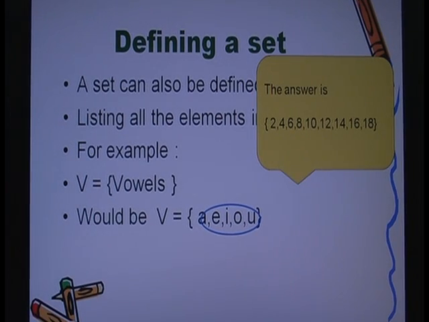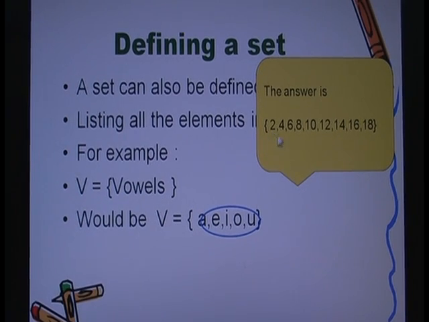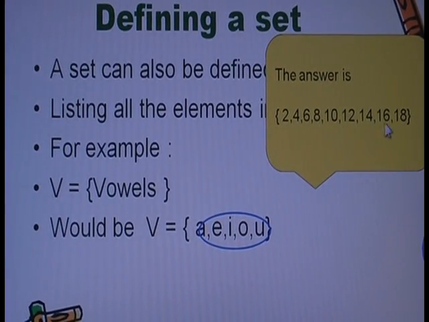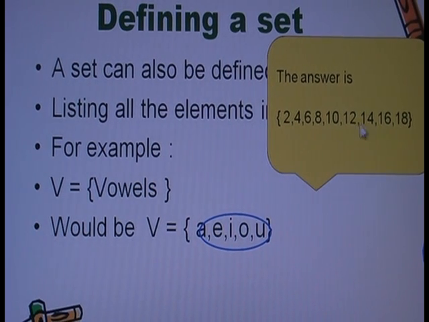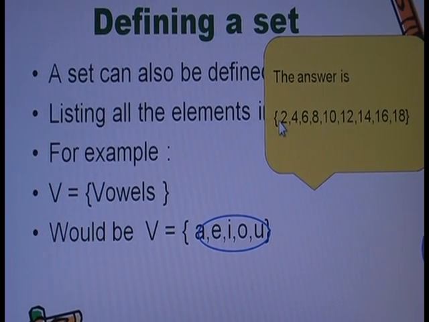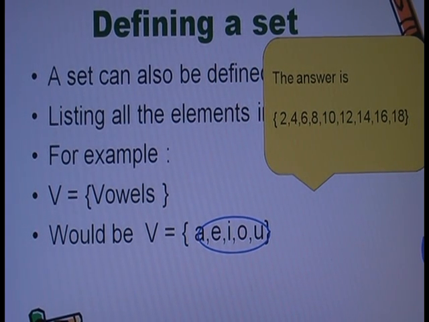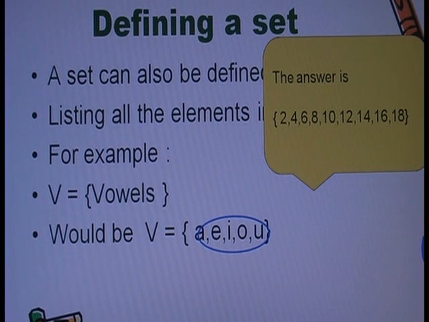The answer is 2, 4, 6, 8, 10, 12, 14, 16, and 18. So all these numbers are what? Even numbers less than 20. So in this case now we have listed the elements of the set of even numbers less than 20. And here again we are defining a set.